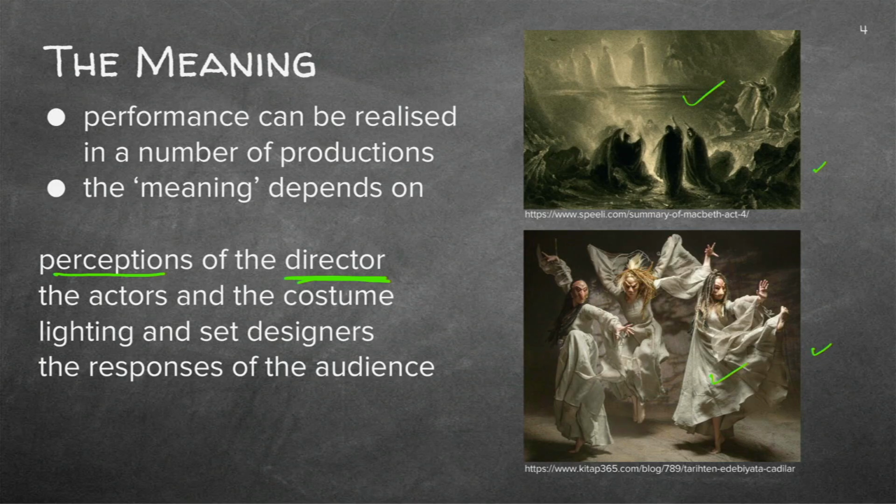How is he going to make use of costumes in order to create a certain effect? And it's his own genius that's actually going to finally arrive on the stage. So he looks at his actors, and also the choice of actors, for instance, the choice of costume, of lighting, and of course, set designers.